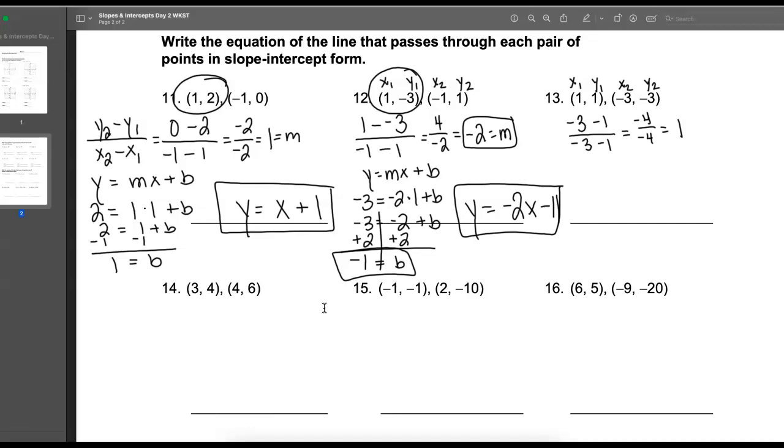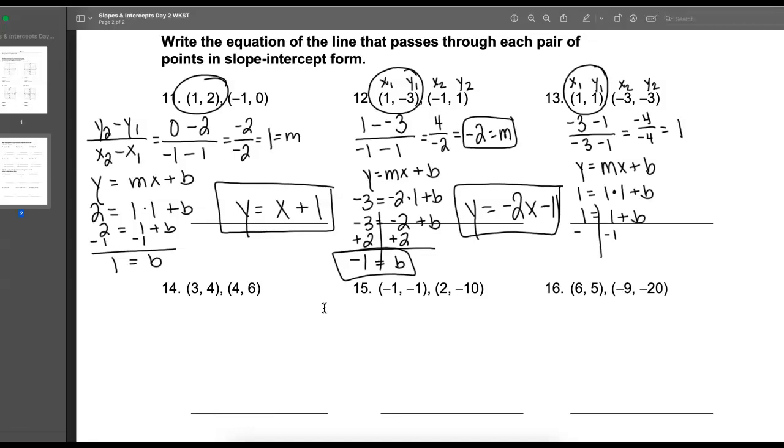Am I going too fast? Okay, step 2 is take that first point. y equals mx plus b. y is 1. 1 times 1 plus b. 1 equals 1 plus b.